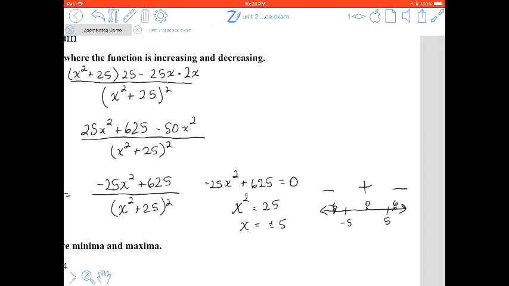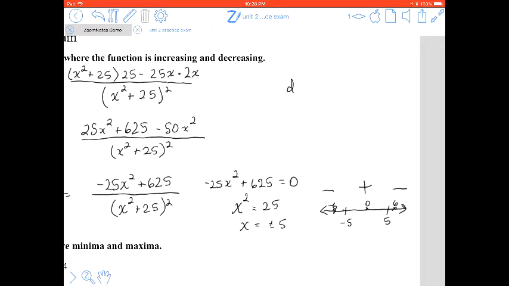So remember the negative value here denotes that any number in this interval, from negative infinity all the way to negative 5, because of that minus sign above it, indicates that the function is decreasing.